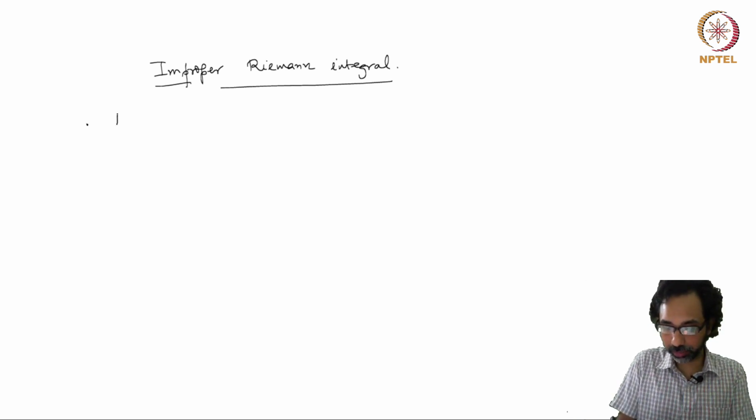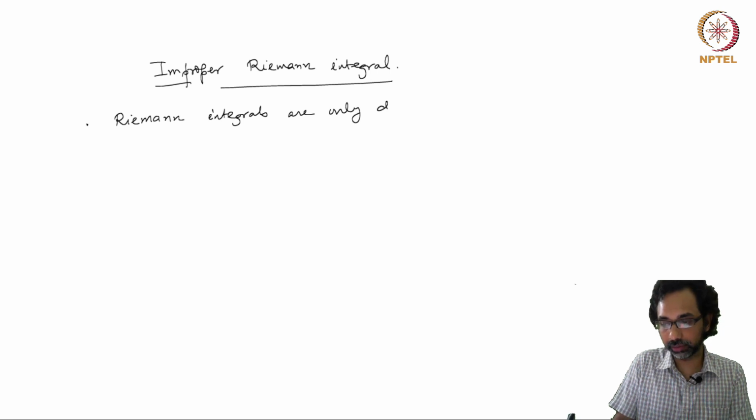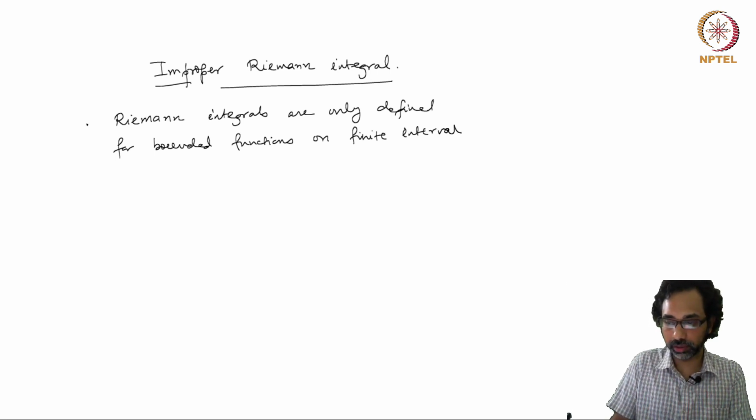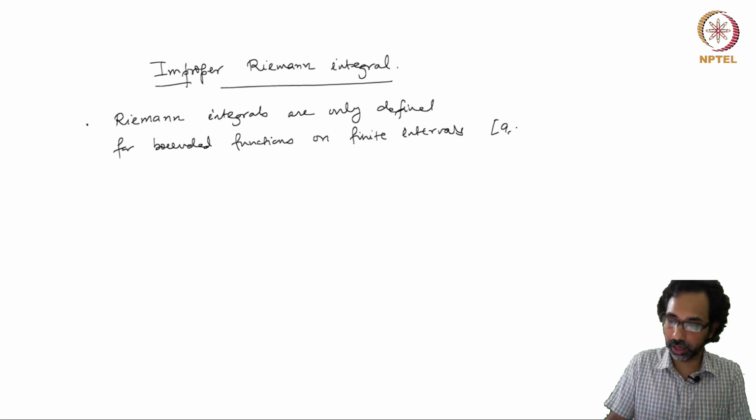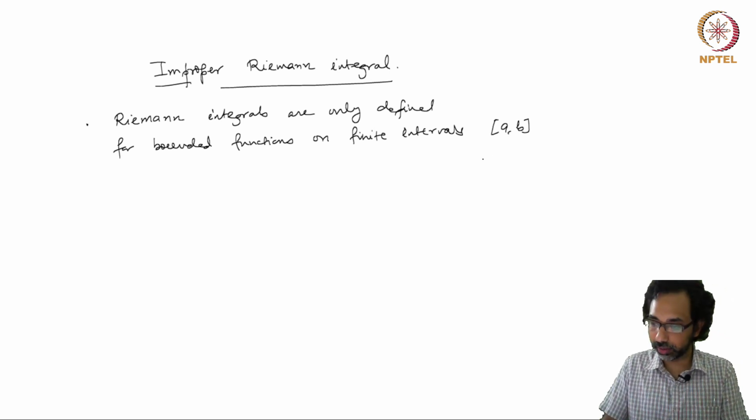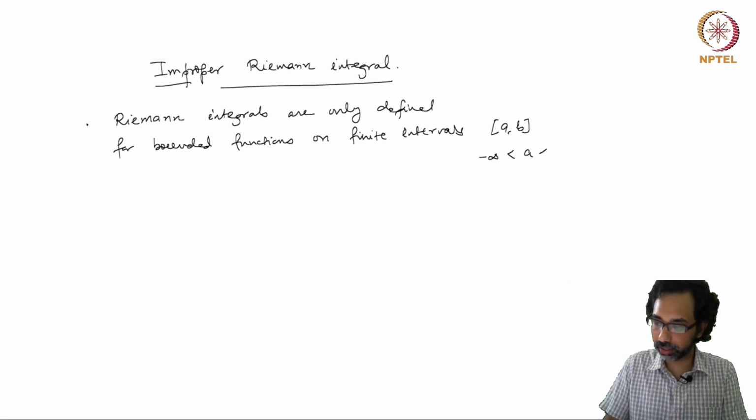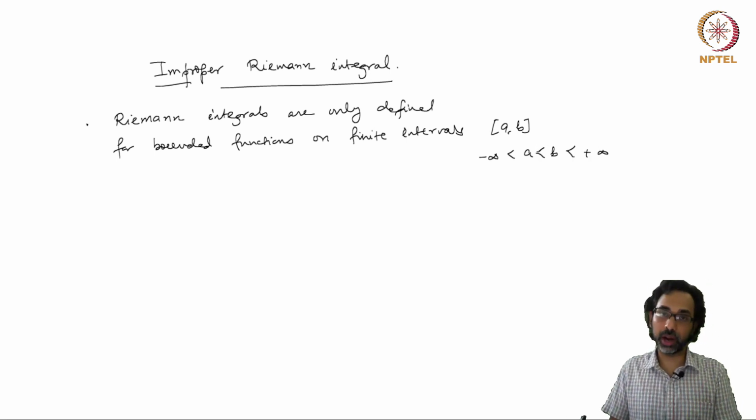So first, let me reiterate that the Riemann integrals are only defined for bounded functions on finite intervals of the form [a, b], where minus infinity is less than a, less than or equal to, less than b, and less than plus infinity. So a and b are finite real numbers.